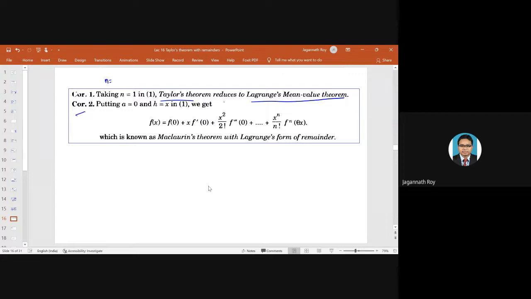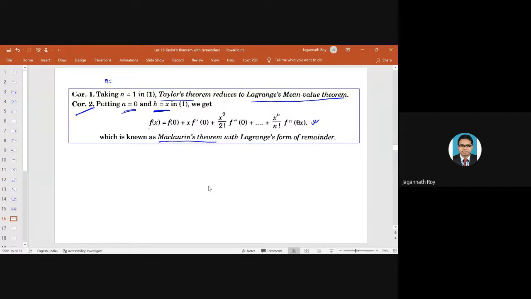Now, corollary 2 says if we take A equals to 0 and H equals to X, then the series will become of this form.